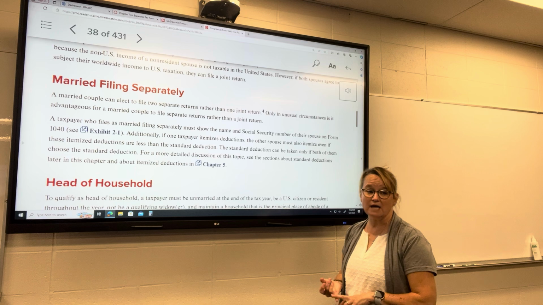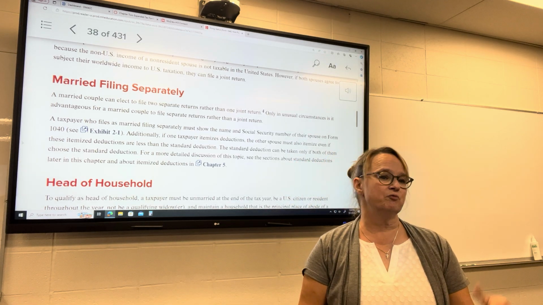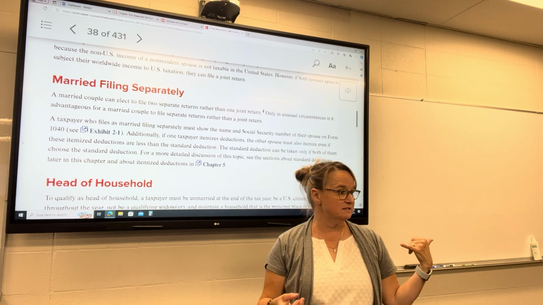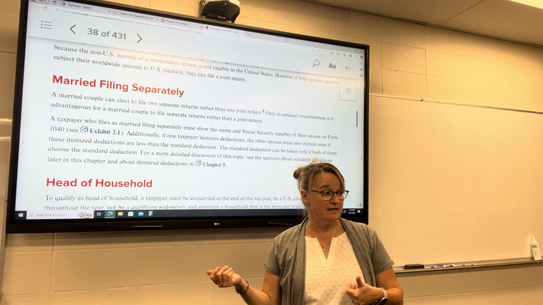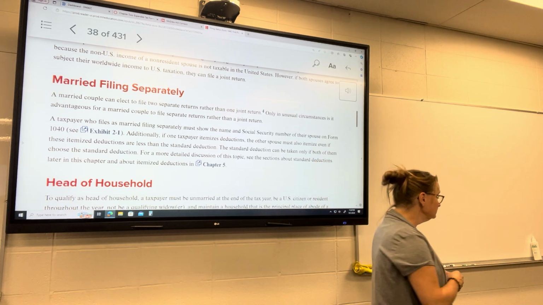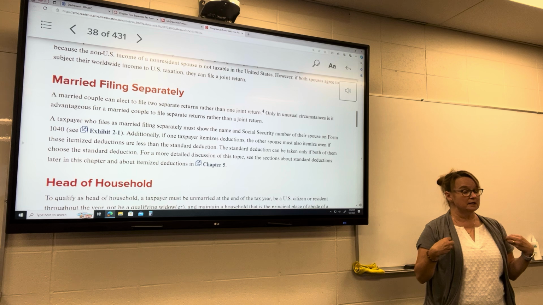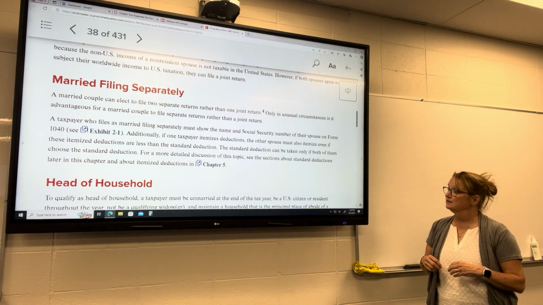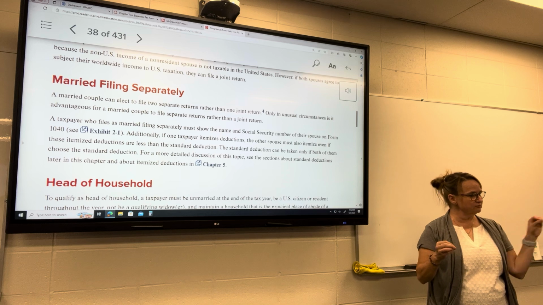If one spouse itemizes their deductions, both spouses have to. Even if one spouse doesn't have any itemized deductions, they may be forfeiting all of their deductions by filing as married filing separately. That's to prevent doubling up of the same deductions, as well as those phase-out ranges. You could get an unfair advantage if you were both able.